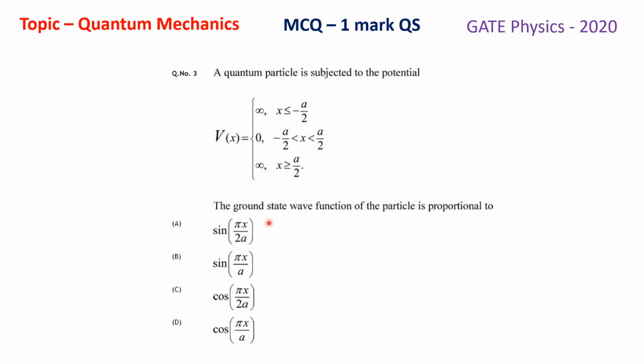The ground state wave function of the particle is proportional to: option A, sin pi x by 2a; option B, sin pi x by a; option C, cos pi x by 2a; and the last option D, cos pi x by a. Let us see how to solve this problem.